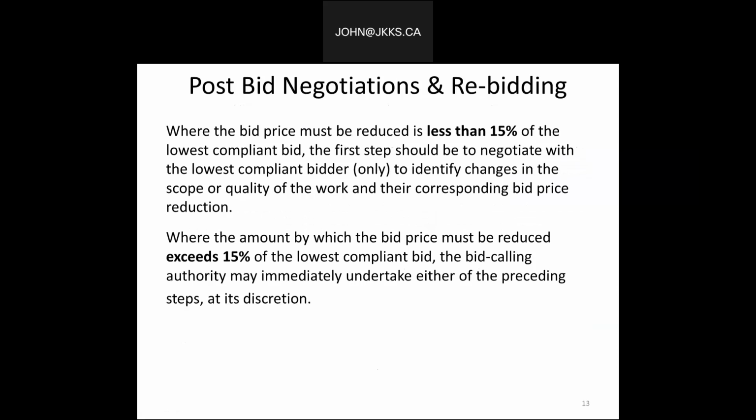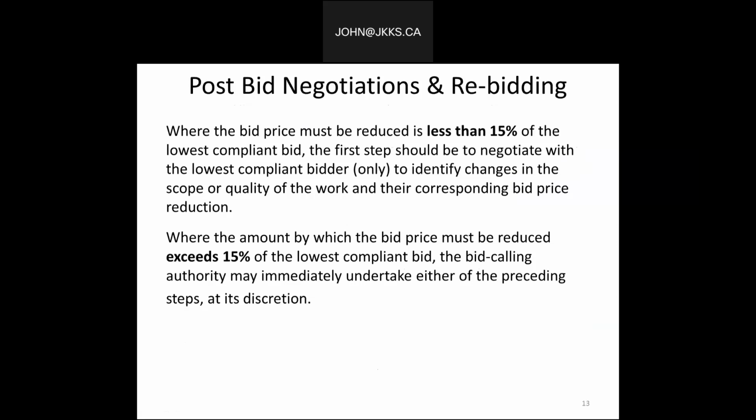Post-bid negotiations and rebidding. Well, some things to think about. Where the bid price must be reduced by less than 15% of the lowest compliant bid, the first step should be to negotiate with the lowest compliant bidder only to identify changes in the scope or quality of work and their corresponding bid price reduction.